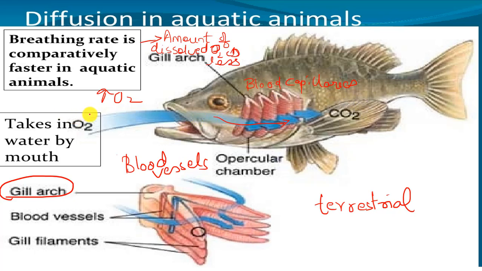So what happens when the water with the dissolved oxygen reaches the gills? When the fishes drink more and more of water, they pass the water to the gills. Here there is an exchange of gas from the gills to the blood capillaries. Why? By the process of diffusion.